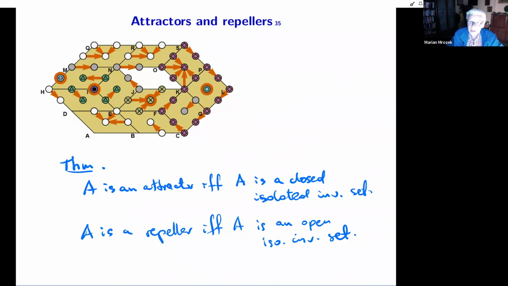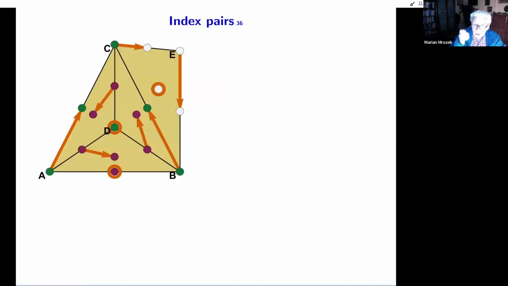Okay, and the very last thing, and I'll stop here, is just now we are ready to define the Conley index. So actually, you define the concept of index pair, which is a kind of counterpart of Wazewski set in this combinatorial setting.